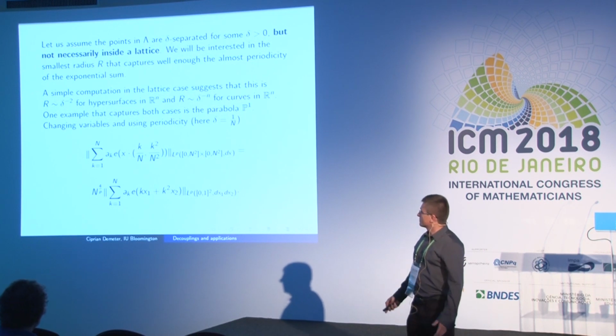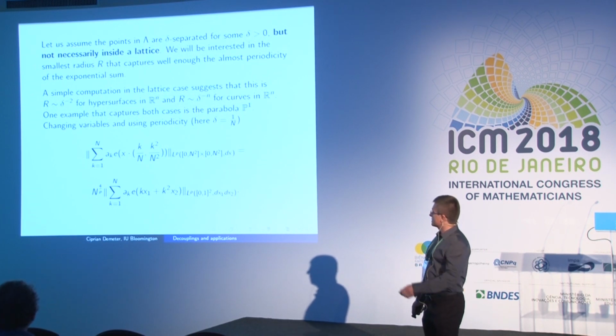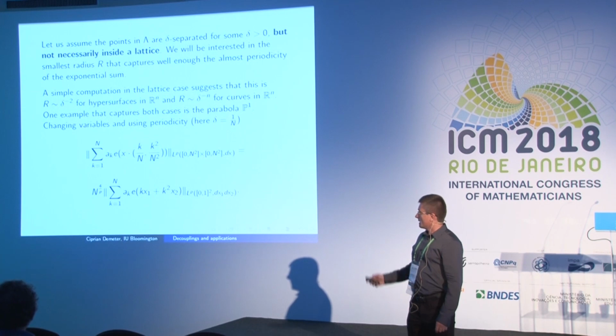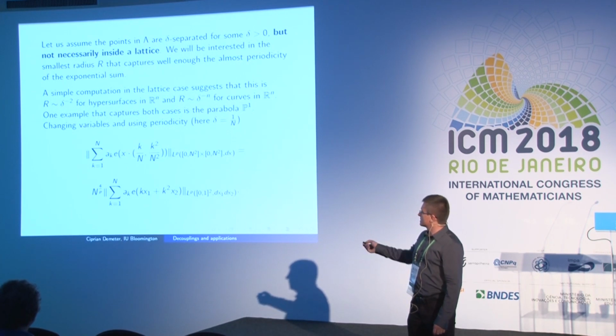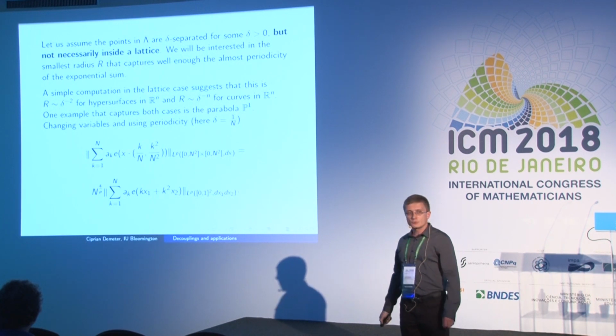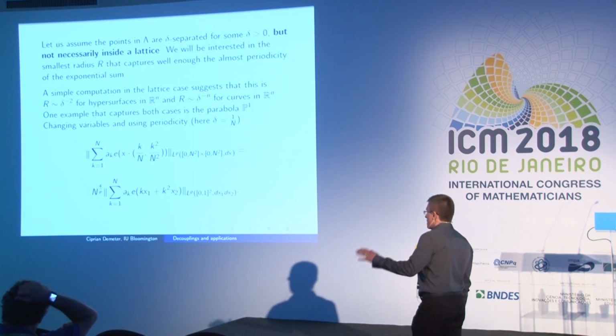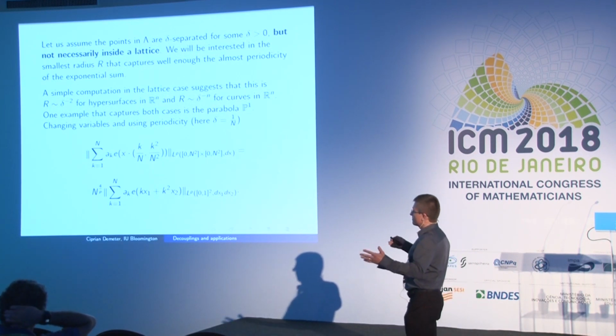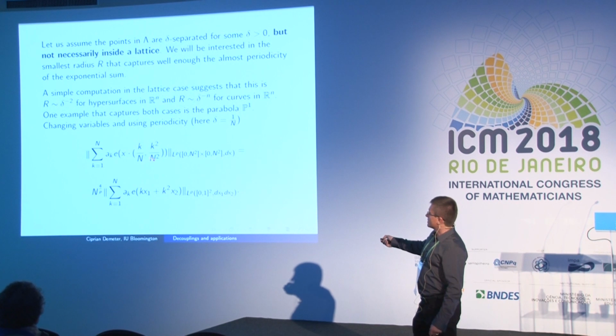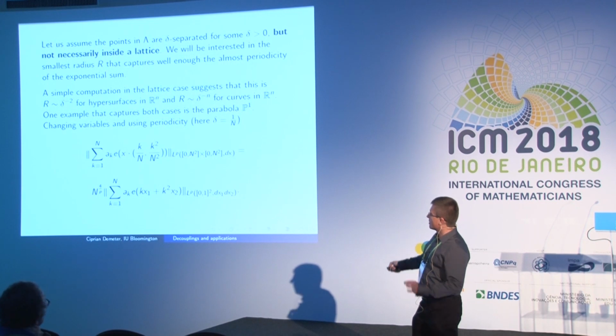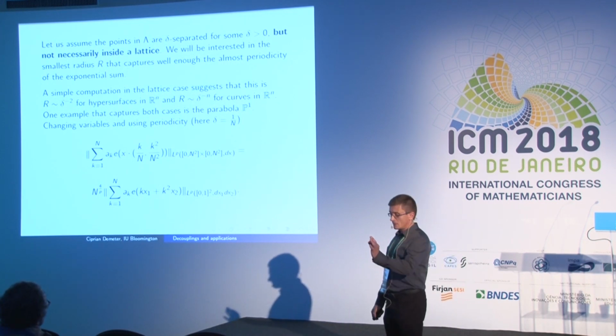So the computation is obviously for the parabola, which is in both classes of manifolds. If you look at the points k over n, k squared over n, I argue that it's precisely n squared that you need in terms of the size of the spatial domain to account for this periodicity. If you make a change of variables, it doesn't really matter that you integrate over this particular square that starts at the origin.